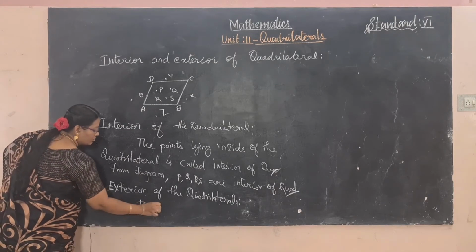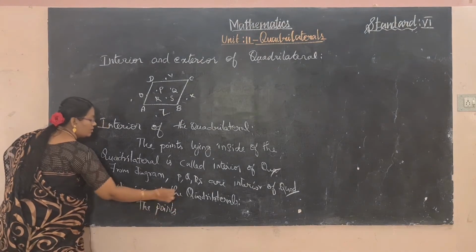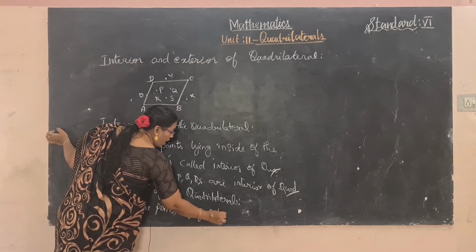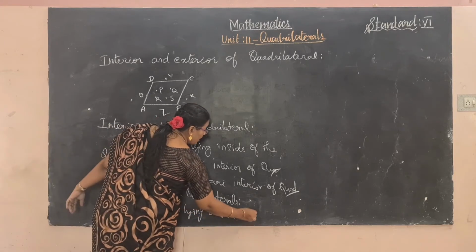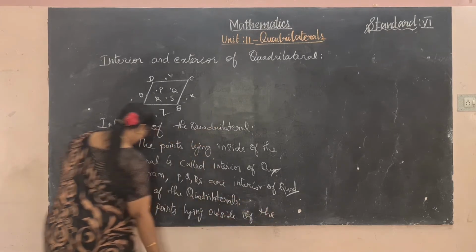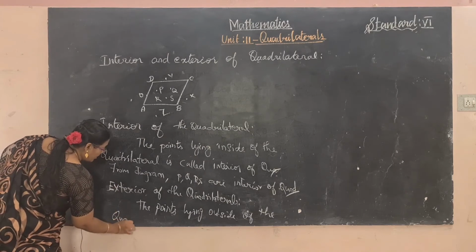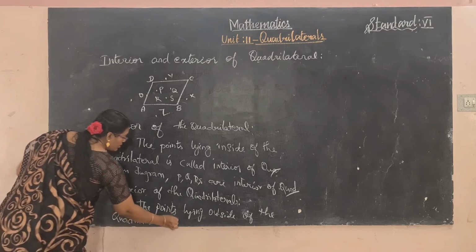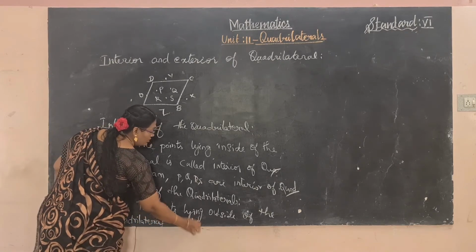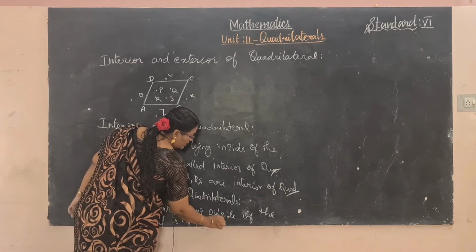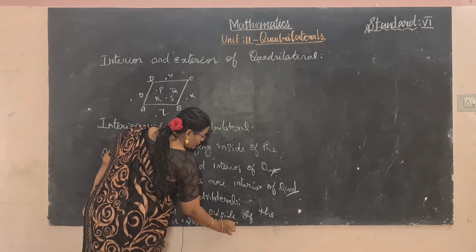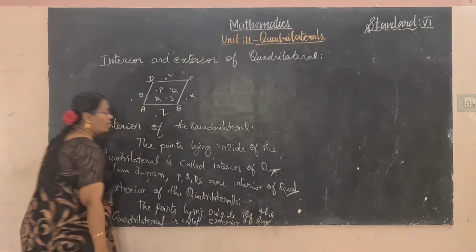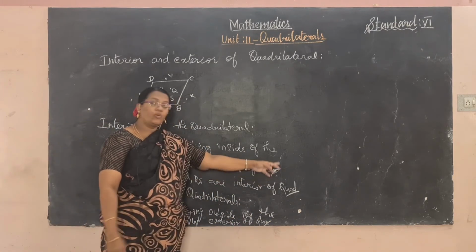The points lying outside of the quadrilateral are called the exterior of the quadrilateral. You should write it in the full form, quadrilateral.